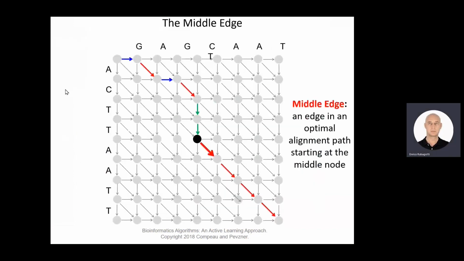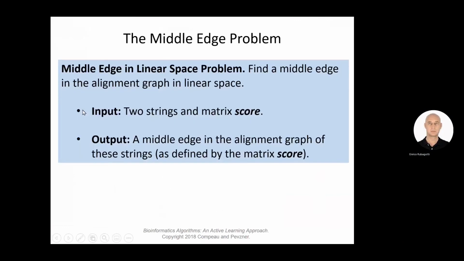So now we speak about the middle edge. The middle edge is the edge starting an optimal path at the middle node. So before we had the middle node problem, now we have the middle edge problem.